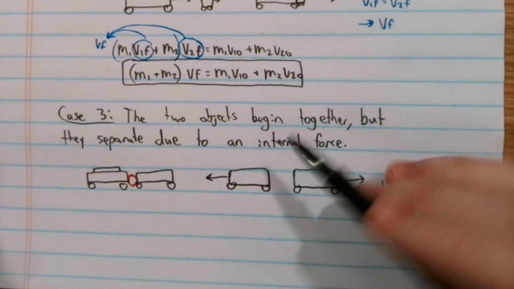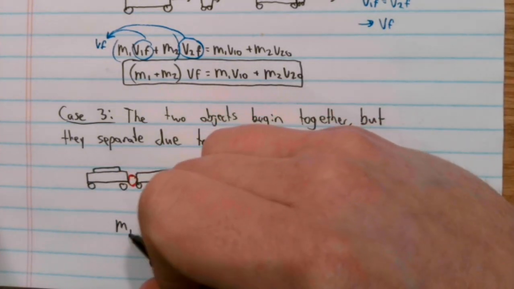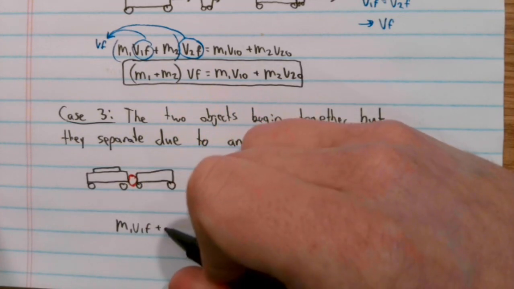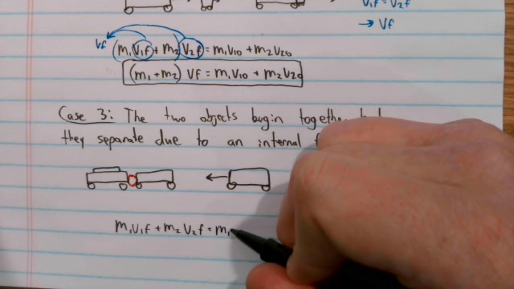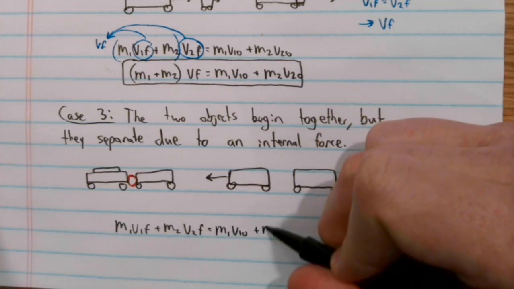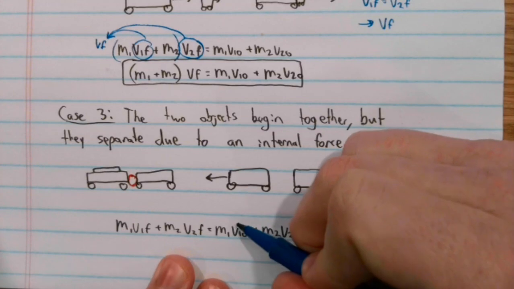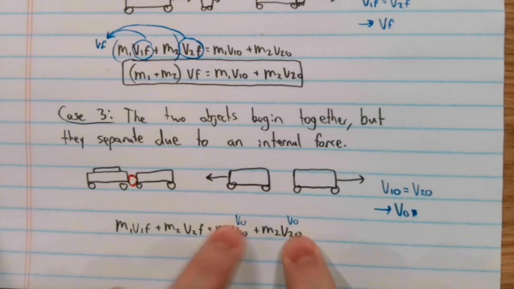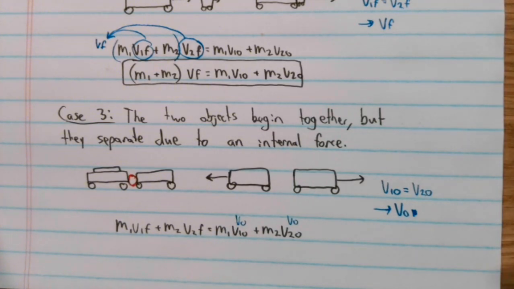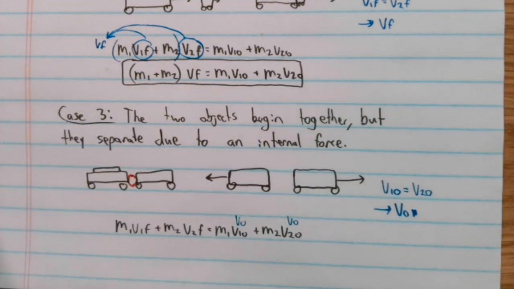Once again, we'll return to this detailed equation and demonstrate what occurs. M1 V1 final plus M2 V2 final equals M1 V1 initial plus M2 V2 initial. Once again, this is called VO, because those are the same number, whether it be 0 or 100 or 2, and those will factor out.